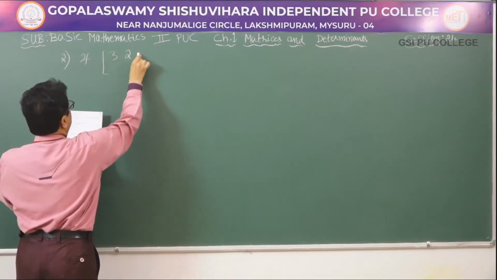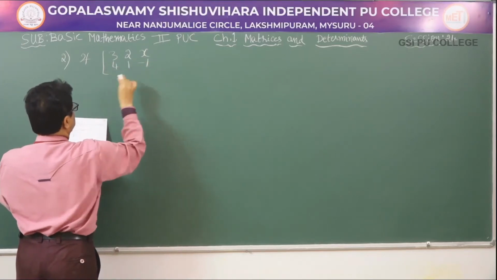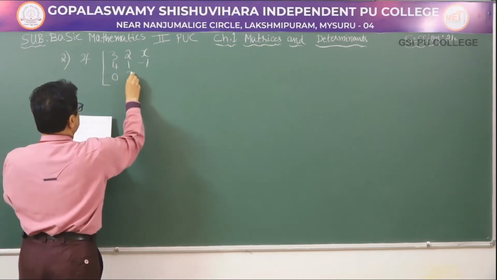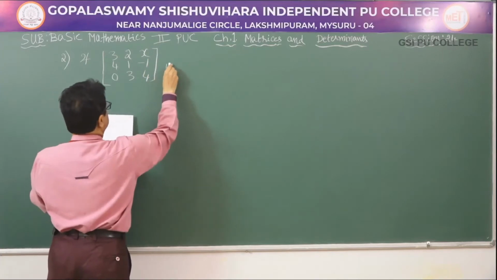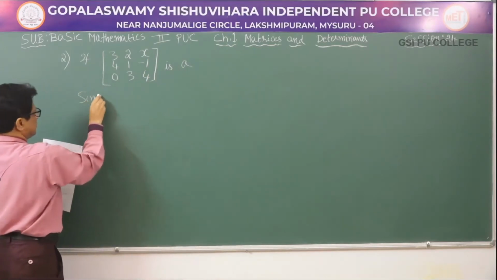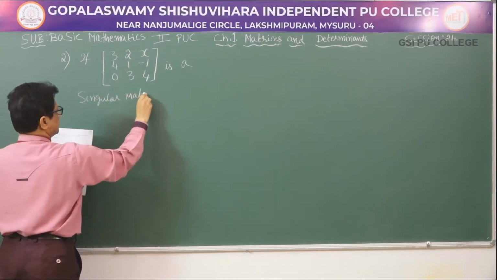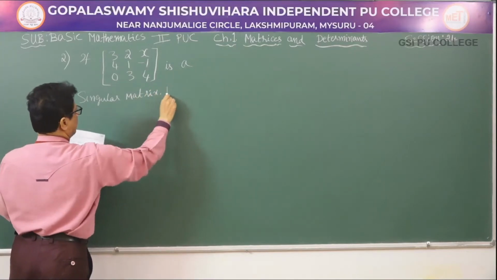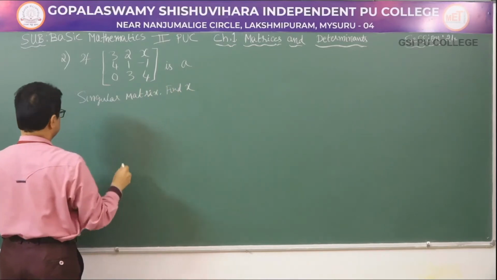If the matrix 3, 2, x; 4, 1, minus 1; 0, 3, 4 is a singular matrix, find x.